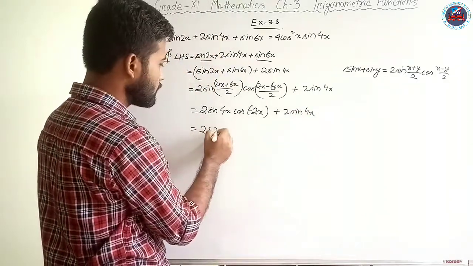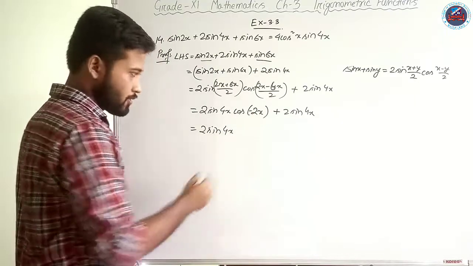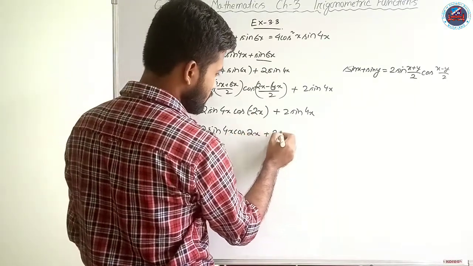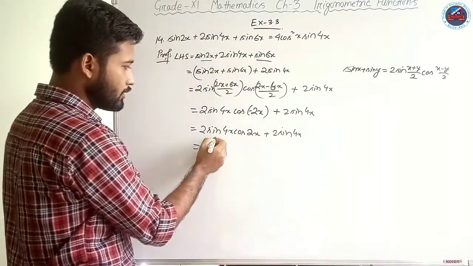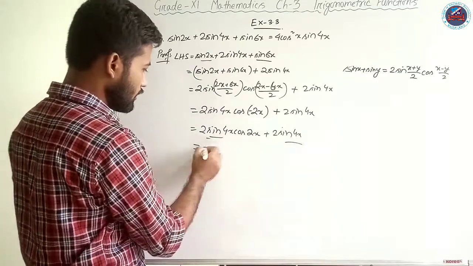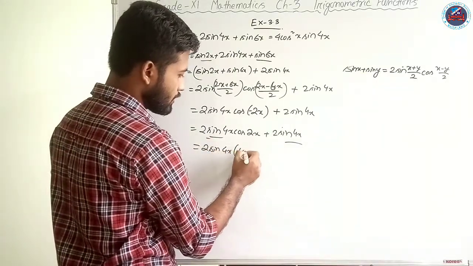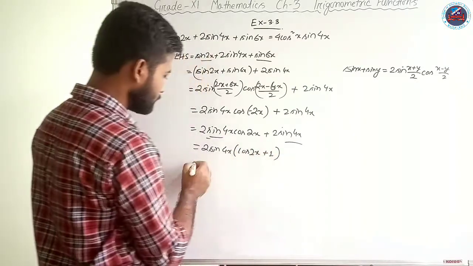Now we know that cos of minus x is cos x, so this will give us cos of 2x plus 2 sine 4x, and if you take the sine 4x common along with the 2, we shall have 2 sine of 4x, and here we shall be remaining with cos of 2x plus 1.